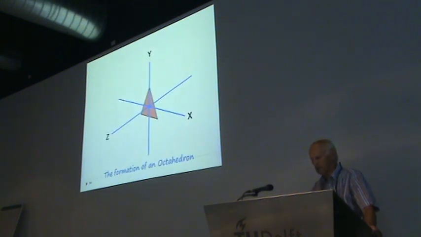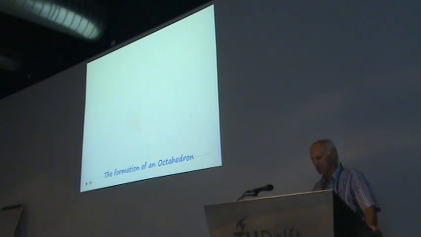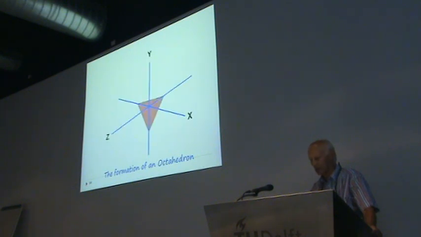This shows shortly the formation of an octahedron. It starts with a triangle which is put in the center of the system. Then it is placed at a distance from the center and eventually rotated. Then you see that you can put these four to form the bottom part, and then the next part is that you make the top part.